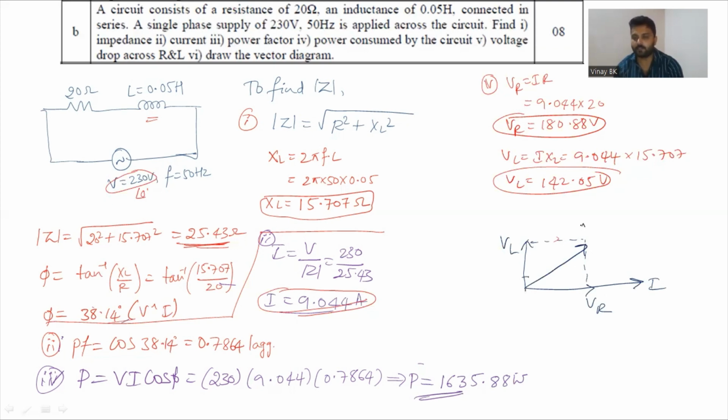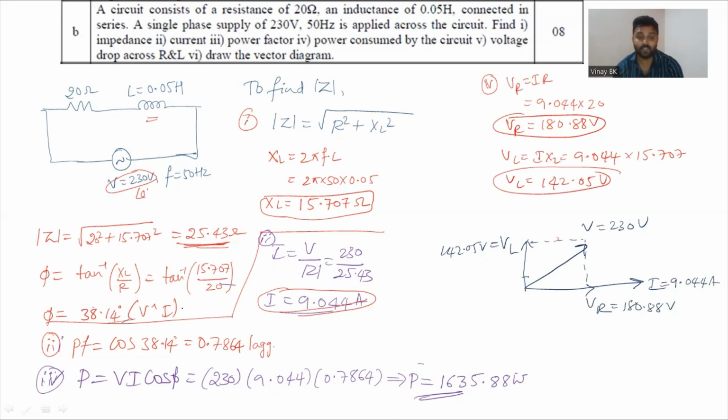That's it. First you draw like this. I, you know the value of I, 9.044 amperes. And VR calculated, that is 180.88 volts. And VL calculated, that is 142.05 volts. And you know the value of voltage, that is 230 volts. And what is the angle between current and voltage?